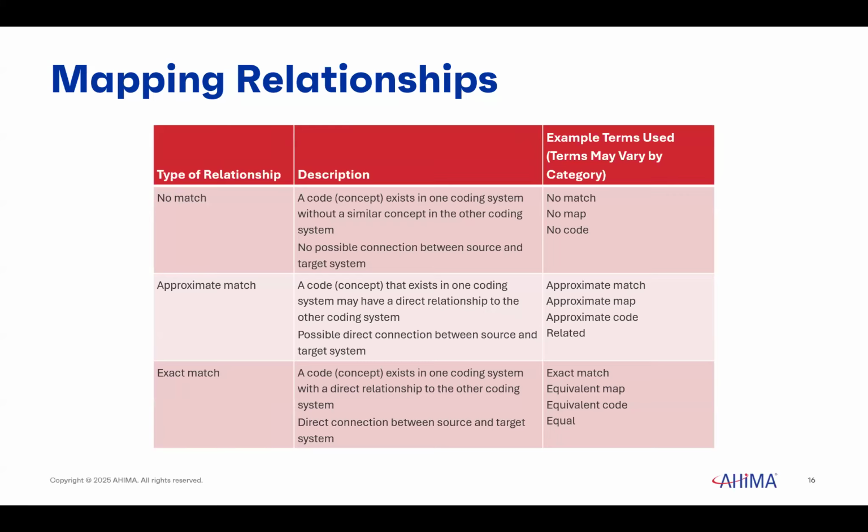We have some approximate matches, though, right? So a code concept that exists in one coding system, say like ICD-O, has a connection. It's still thyroid cancer, but it's not exactly the same thing, as you can see here.